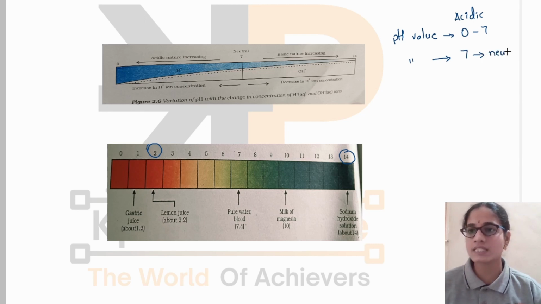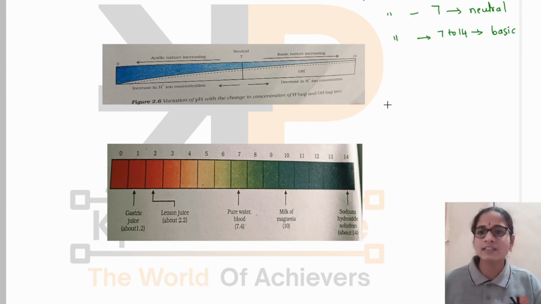Again, if the pH value is between 7.1 and 14, then it is basic in nature. These values you have to remember. If the pH value is from 0 to 7, then it is acidic. If it is between 7 and 14, then it is a basic solution. If it is exactly 7, then the given solution is neutral in nature.